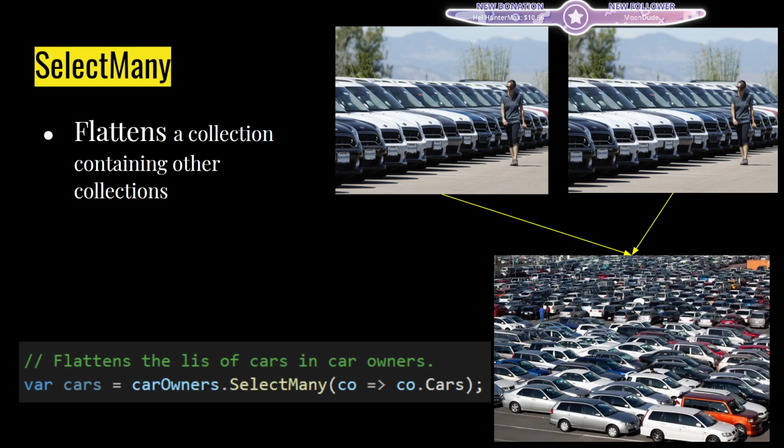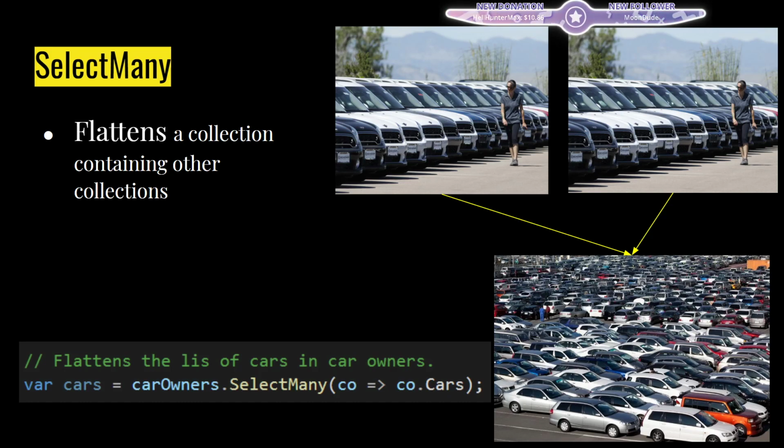And one owner has 10 cars and another owner has 10 cars, for example. But all we want is a total list of cars. So in other words, we want to flatten a list of cars to have all cars that belong to those two people. And how do we get all cars? The answer is using SelectMany. So it flattens a collection that contains another collection.